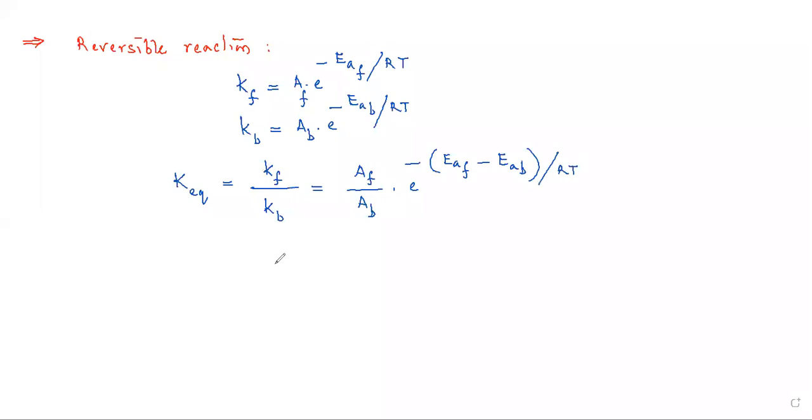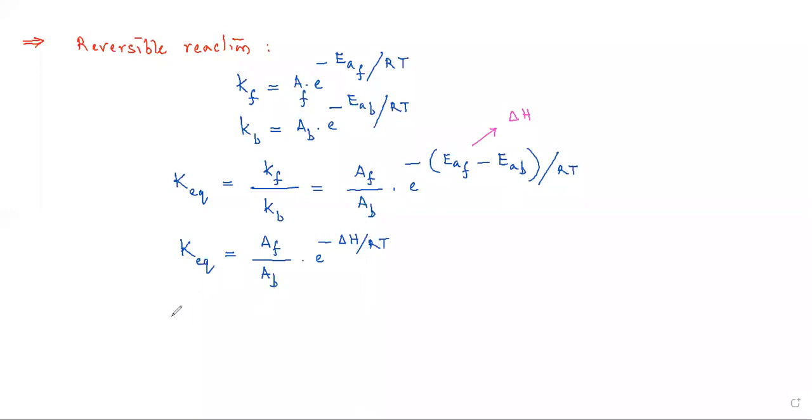Straight away, we can write it this way. Now, you know this EA forward minus EA backward is delta H. So we can write it as K equilibrium is equal to AF by AB into e power minus delta H by RT.